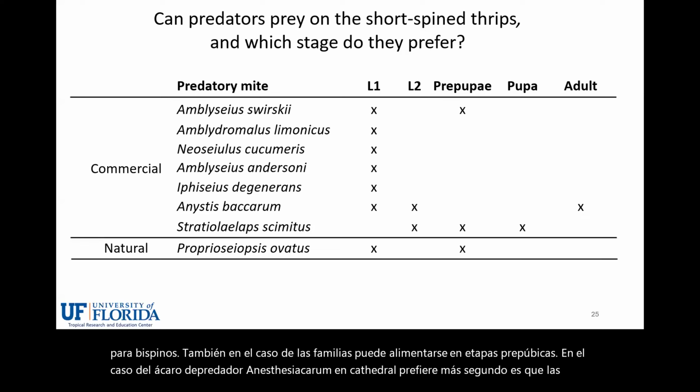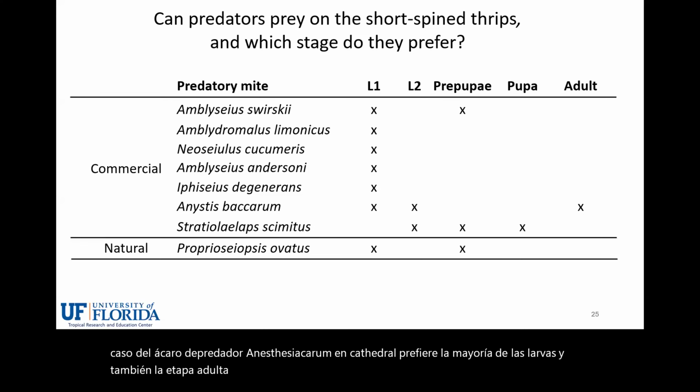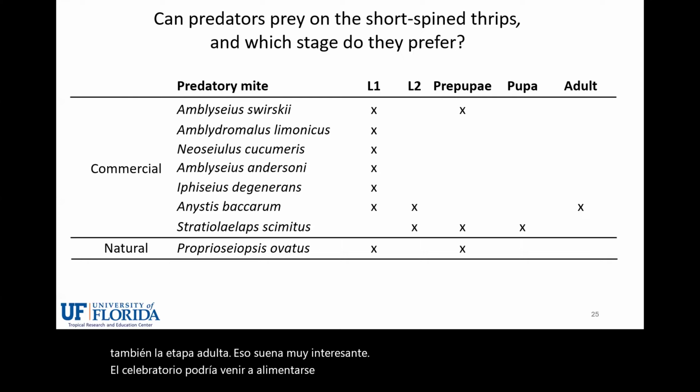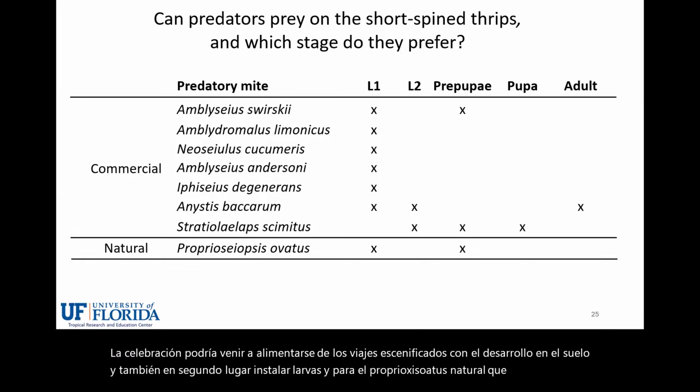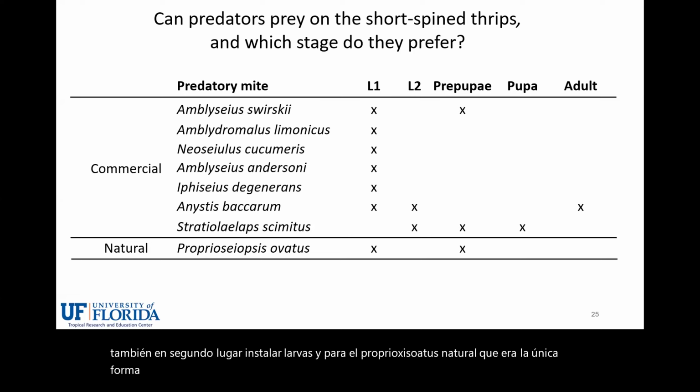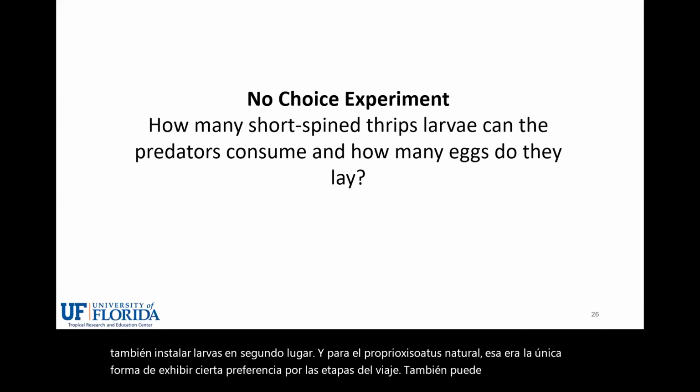That is something very interesting. The soil predatory mite can feed on the thrips stages that develop in soil and also second instar larvae. And for the naturally occurring Proprioseiopsis ovatus, which was the only one to exhibit some preference for thrips stages, it can feed also on prepupae and first instar larvae.